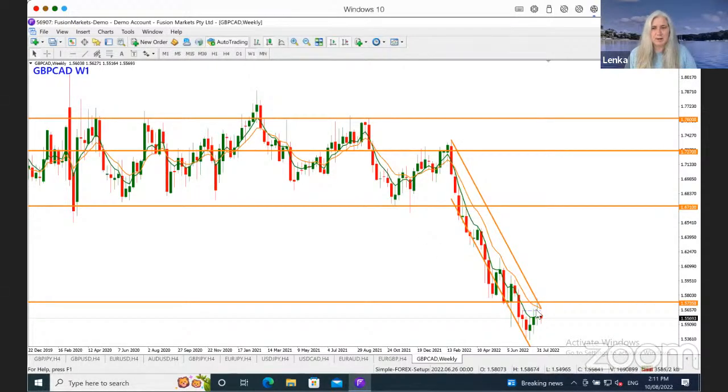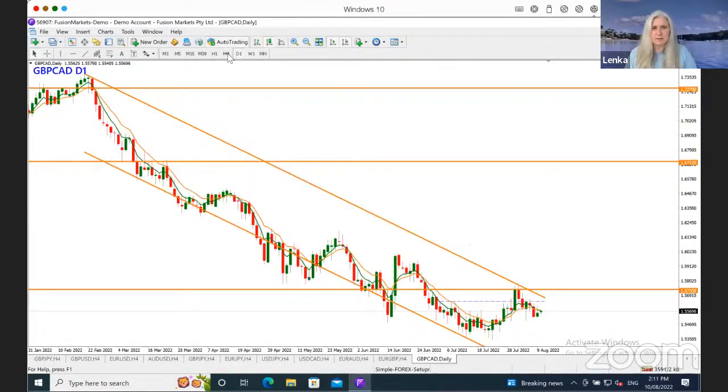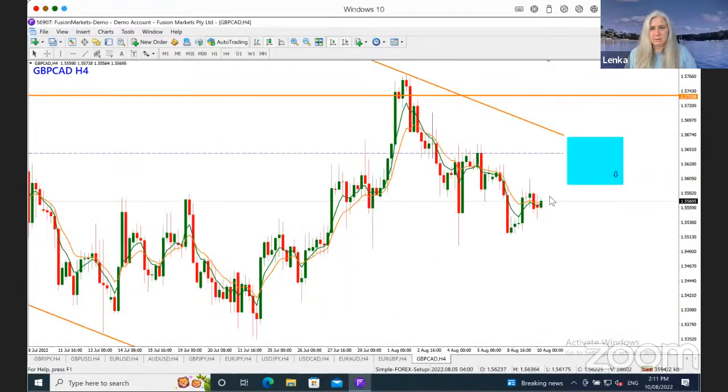We had some pushback from the resistance level, so it may still continue to go in that downward trend. So looking at a reversal, would like to see the price go up, pull back towards the previous horizontal levels or to the top of that channel, and then looking for short on that.